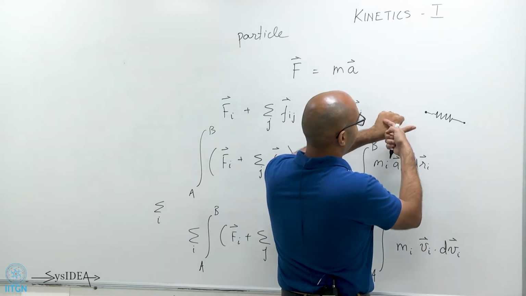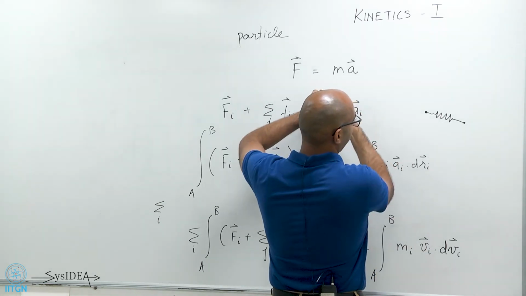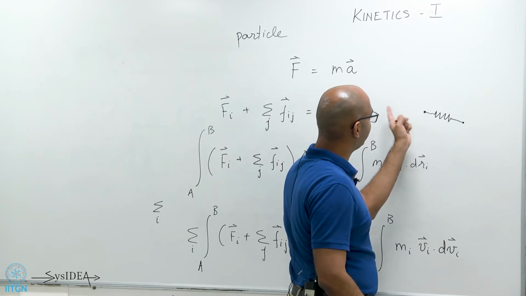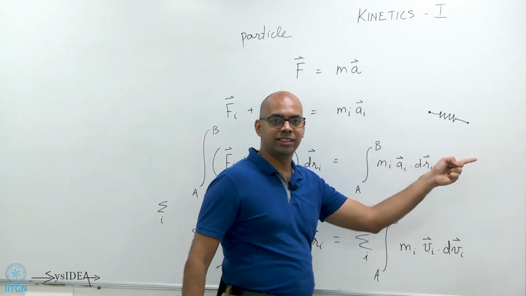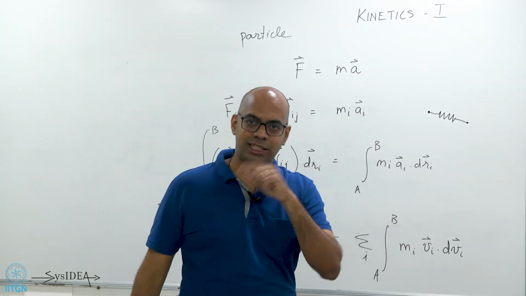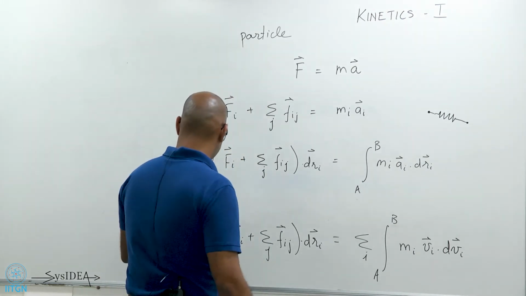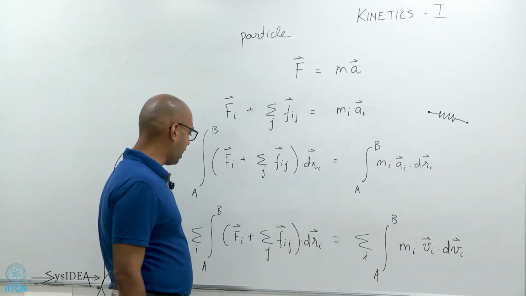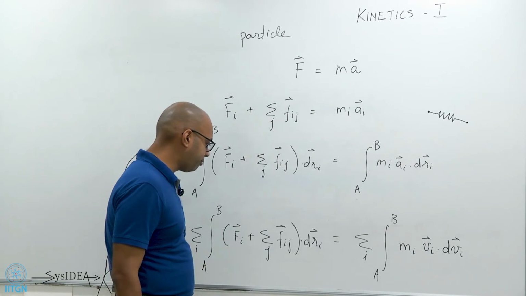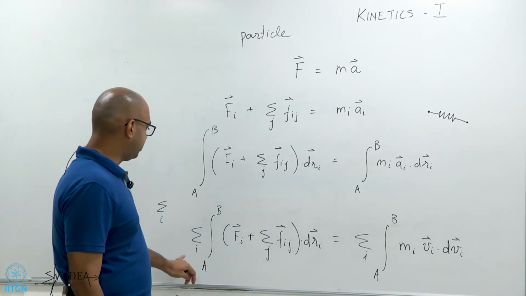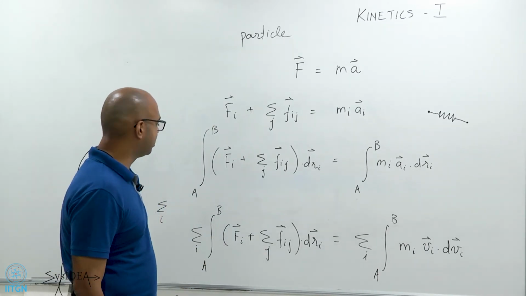But in each case, the particle is moving in the opposite direction of the force, so negative work here and negative work here. So it doesn't cancel out, it becomes double negative, right? So you can see that this sum no longer adds up to 0. So it's a little bit more complicated to work this out for a system of particles.